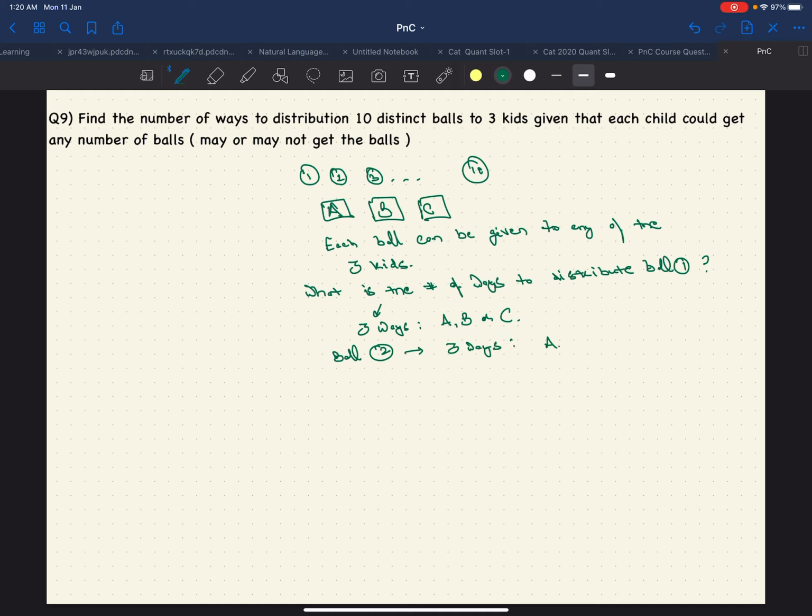It can be again given to either A, B or C, and so on. Therefore, for 10 balls, the total number of ways is computed as 3 for ball 1 multiplied by 3 for ball 2 multiplied by 3 for ball 3, and so on. This is 10 times for 10 balls. Therefore, 3 raised to power 10 is the required answer.